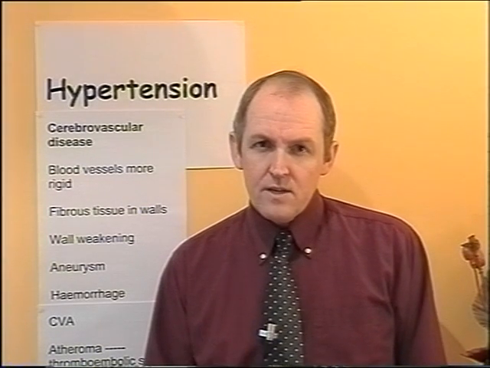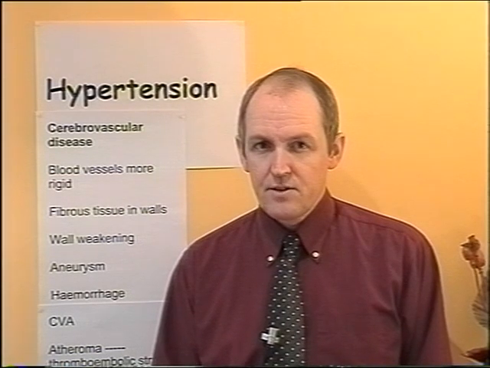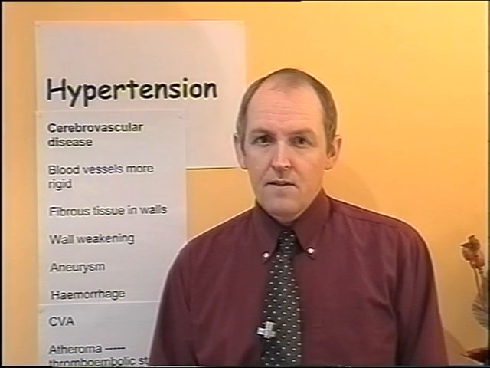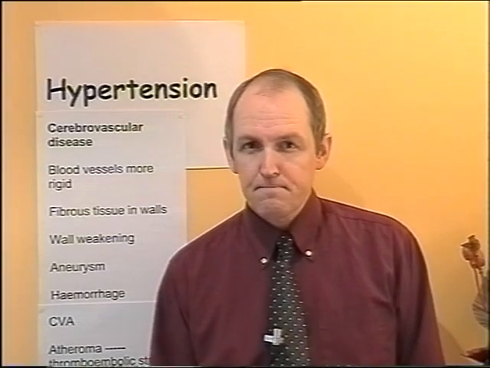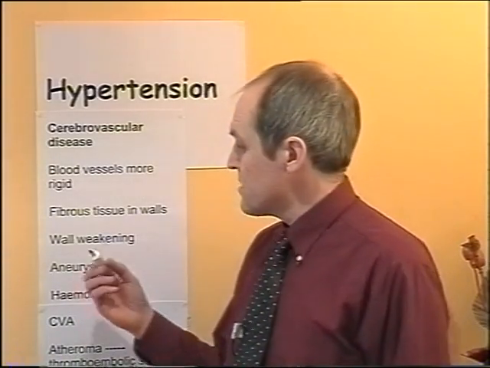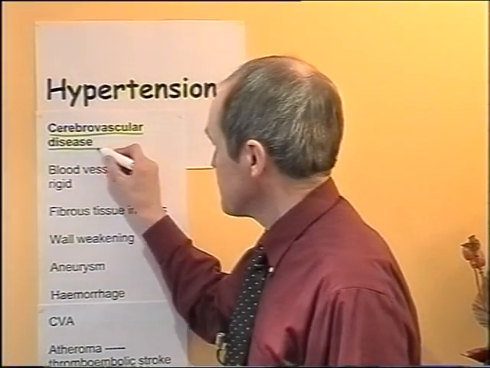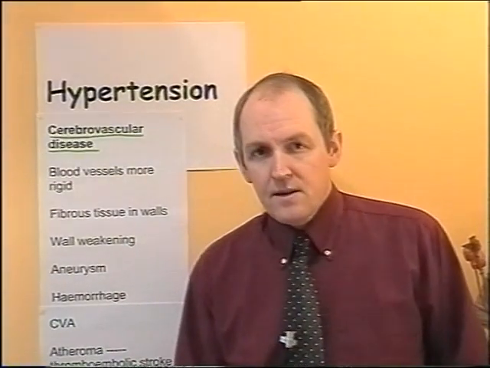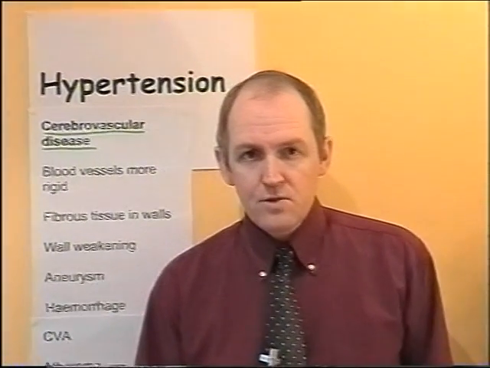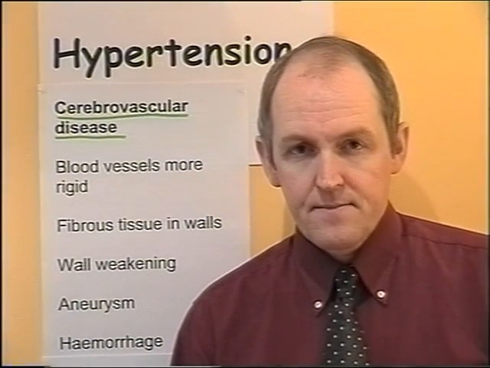Now, we're going to look at the systems that are affected by hypertension individually, and the first thing I want to look at is the brain, cerebrovascular disease. So in cerebrovascular disease, there's an increased risk with hypertension. The first thing here is the blood vessels will become more rigid for the reasons we've looked at.